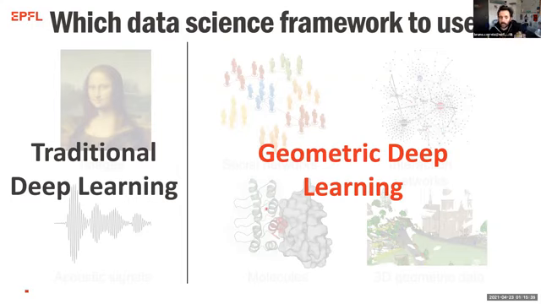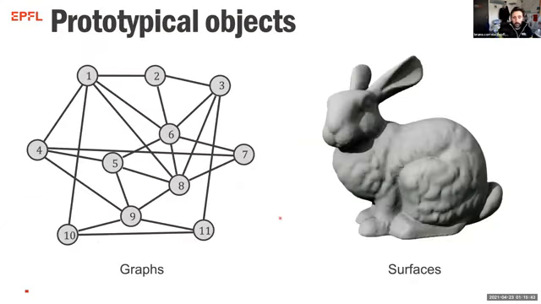Which is more of a three-dimensional idea. And so let me tell you how the engine that we're using actually works. The prototypical objects for geometric deep learning are graphs, and I'm sure you're all very familiar with graphs, or surfaces.